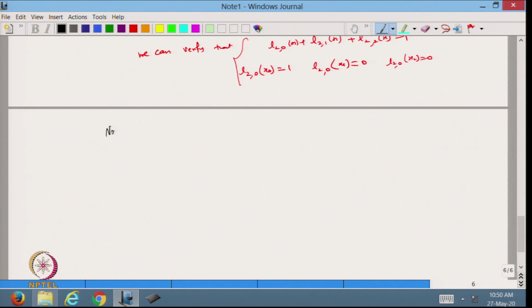So now we can write an nth degree Lagrange interpolating polynomial.